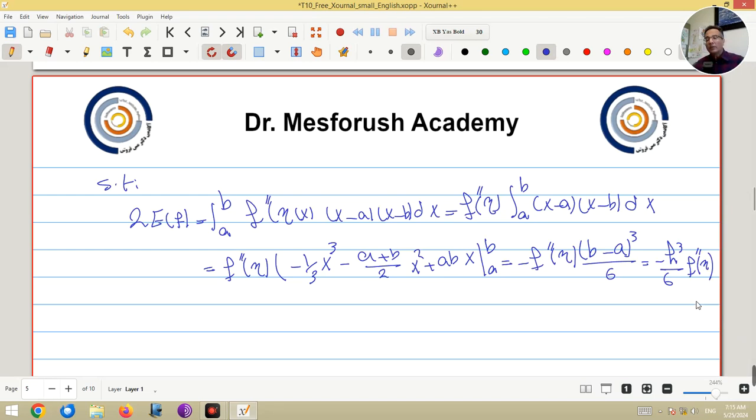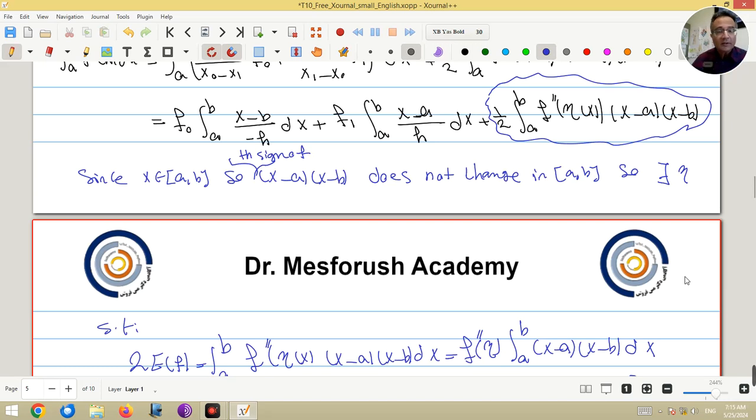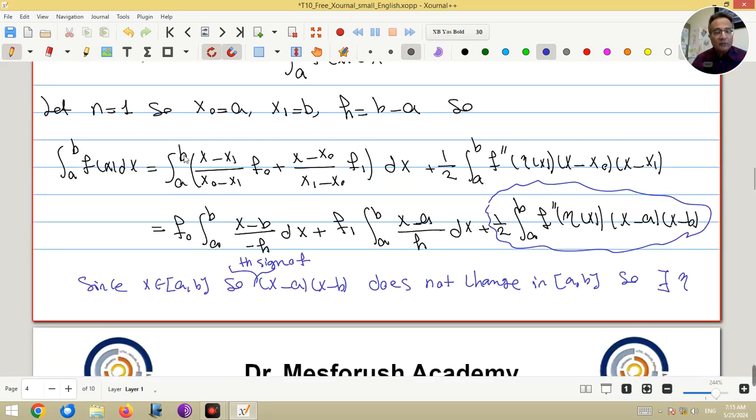Okay, so this is the error term, but now we need to compute these integrals.